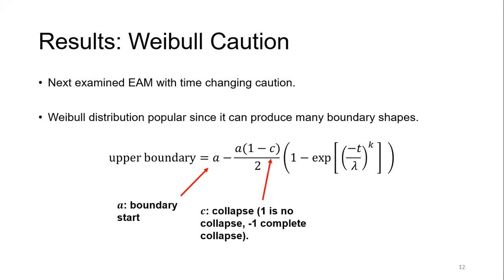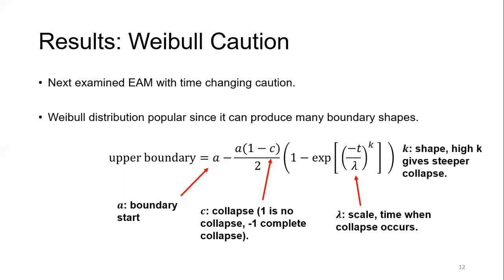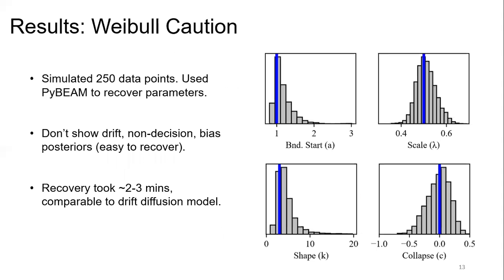Anything in between -1 and 1 will correspond to the boundary finishing somewhere between 0 and its start point A. The next parameter, lambda, is referred to as the scale parameter, but for our purposes, it basically tells you about when collapse occurs. Lastly, you have k, which is referred to as the shape parameter, and this tells you how steep or shallow your boundary is. High k gives steep collapse, low k gives smoother, much shallower collapse.